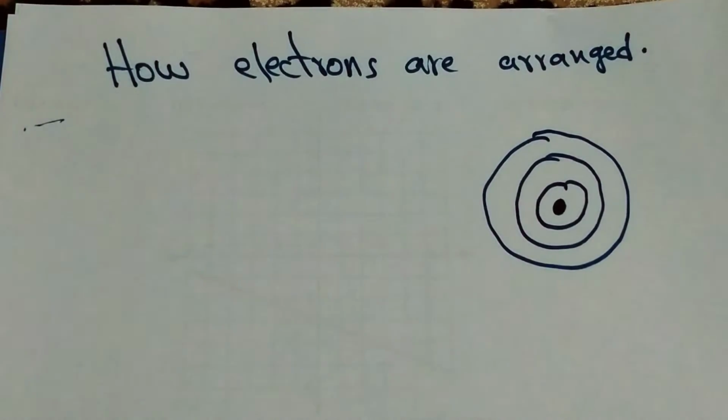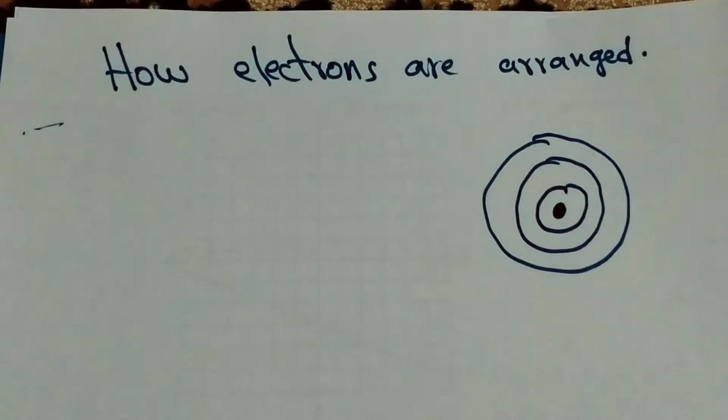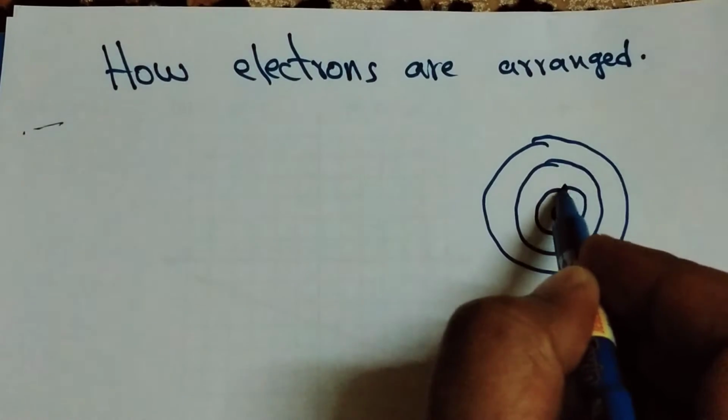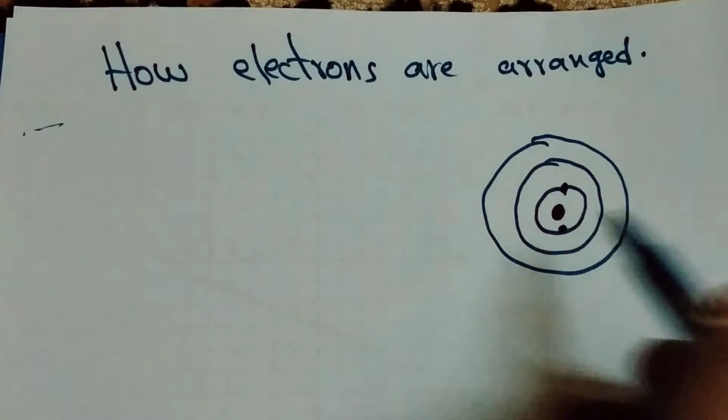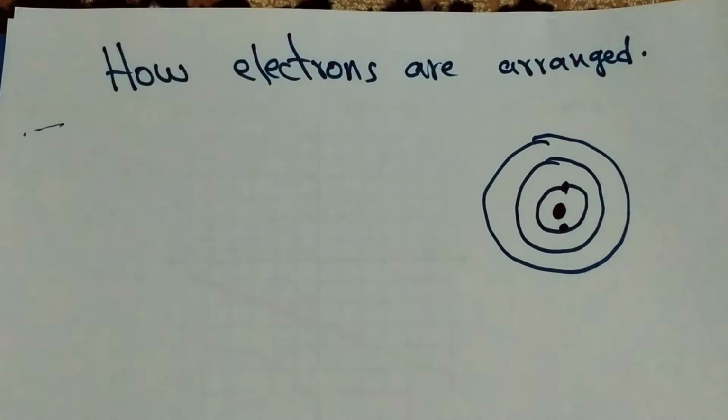So for learning the arrangement of electrons, you should know the electrons which are very close to the nucleus. The first shell, closest to the nucleus, has the lowest energy level.